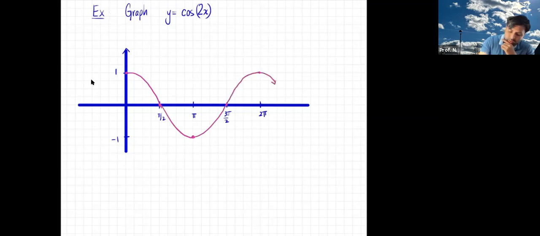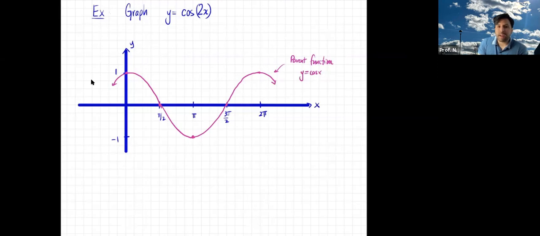Again, this is cosine. So this here is the parent function, cosine, just regular cosine of x. And these are my x values here. These are my y values. Okay.